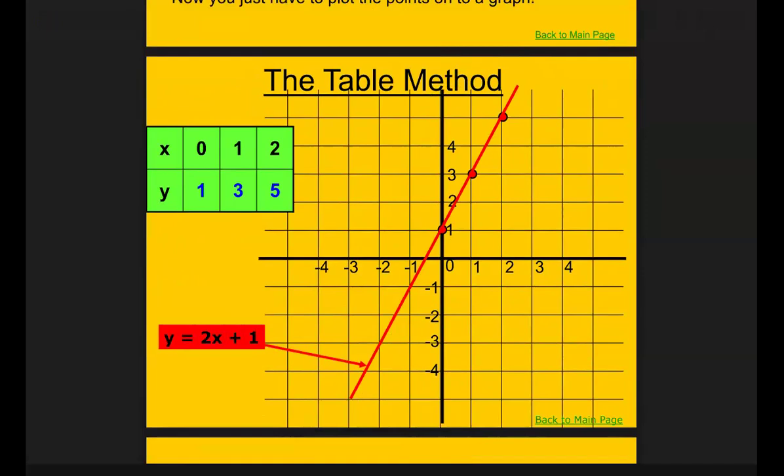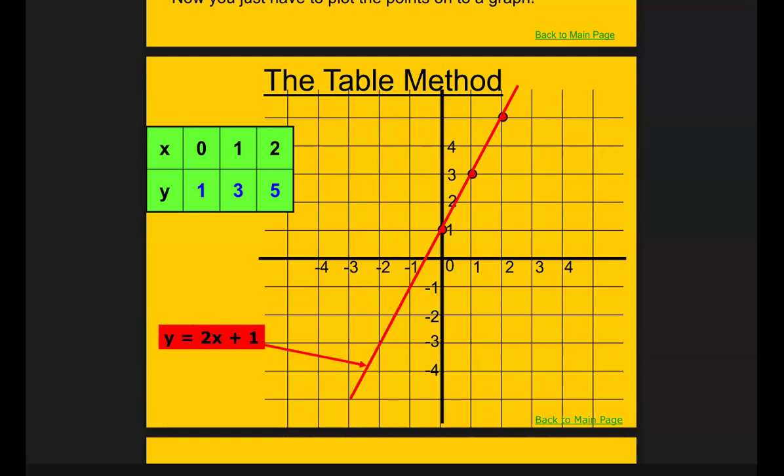After working out the gradient, you then find the y-intercept, which is 1 in this case. So what we want to do is work out the gradient.